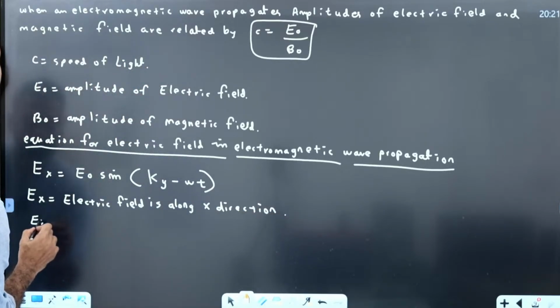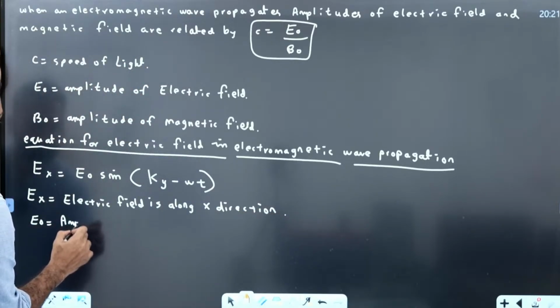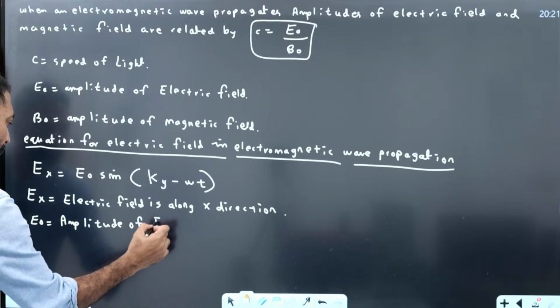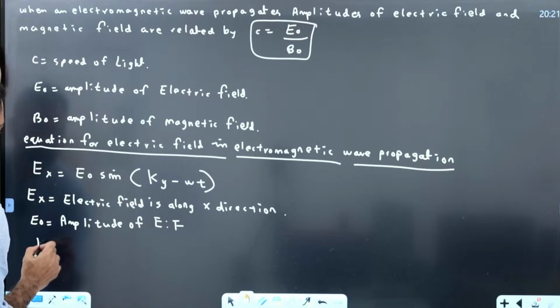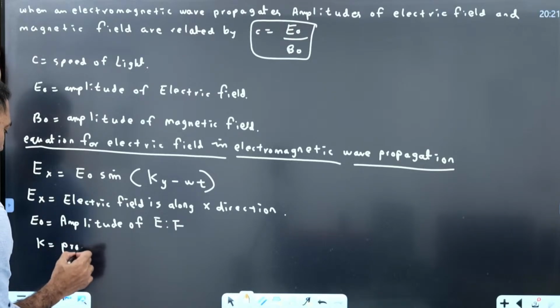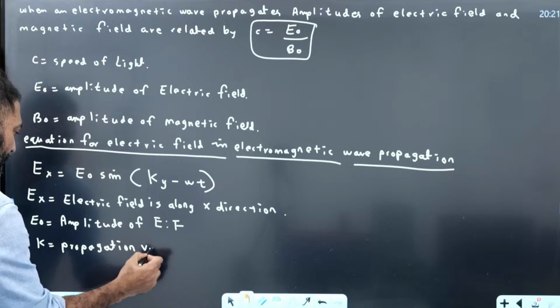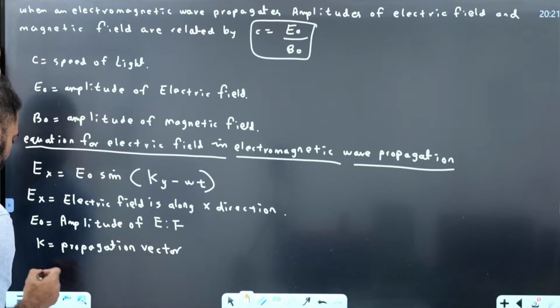E0 is the amplitude of electric field. K is the propagation vector. K is equal to 2 pi by lambda.